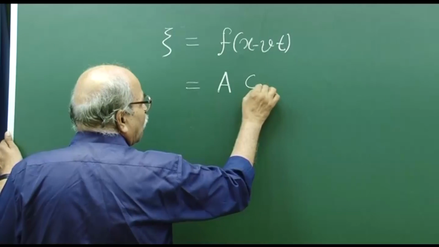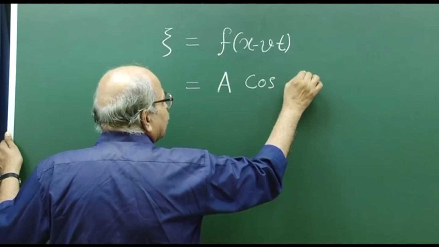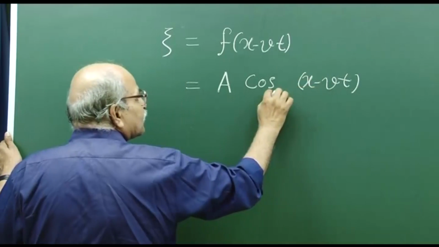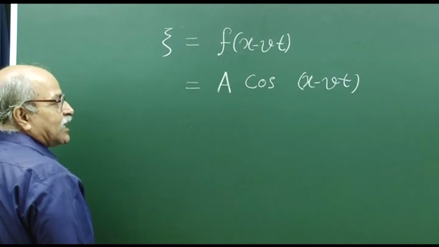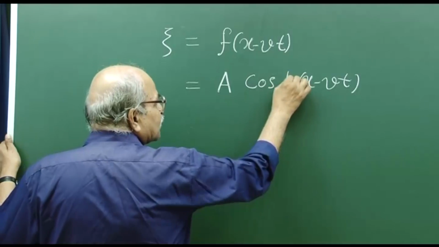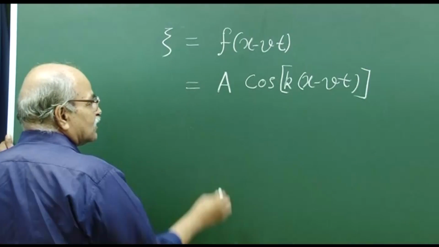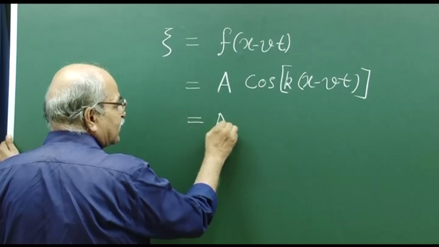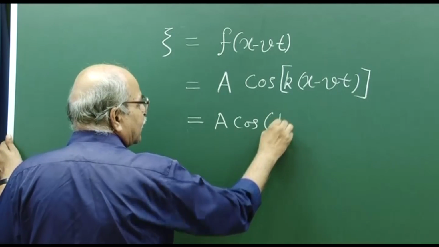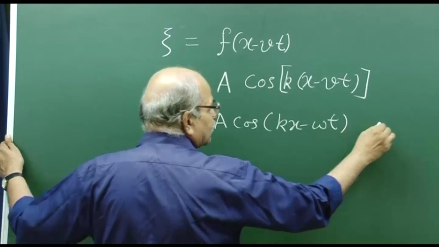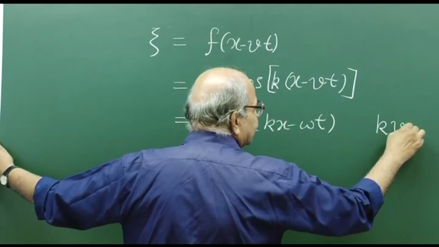So it's, let's say, cos of x minus vt, and dimensionally the argument of cos should be dimensionless. So you should have some multiplying factor here. It's like this, which you can also write as cos(kx minus omega t), where k into v is omega.